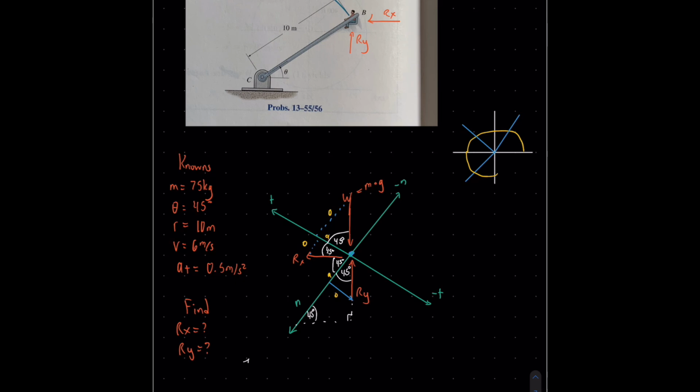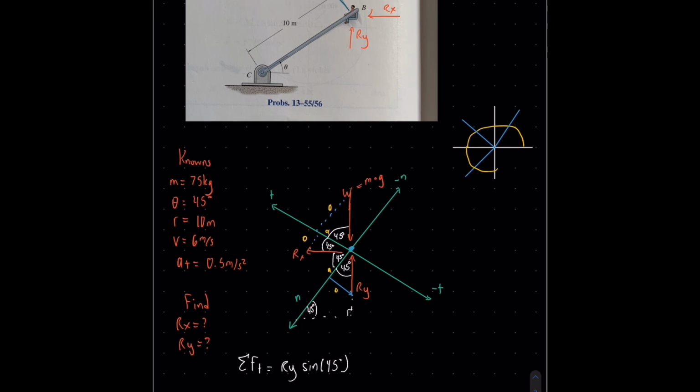The sum of the forces in the tangential direction is equal to, okay, so let's begin with the reaction in the y. The reaction in the y has the opposite component. So that's going to be sine of 45, because opposite over hypotenuse is equal to 45 degrees.